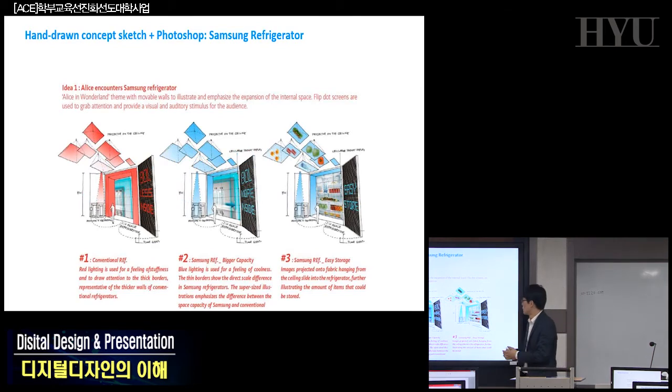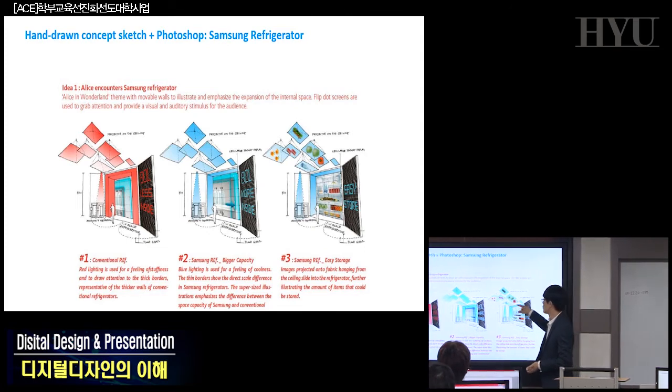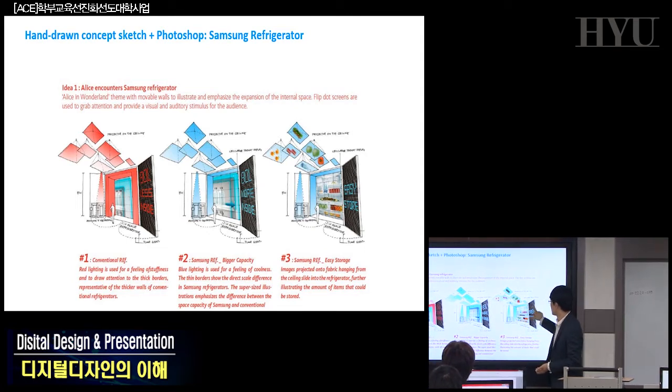Okay, take a look at this sketch. He drew this sketch by hand. You can figure out the rough size and dimension of this one, because there is a human being in front of this structure.